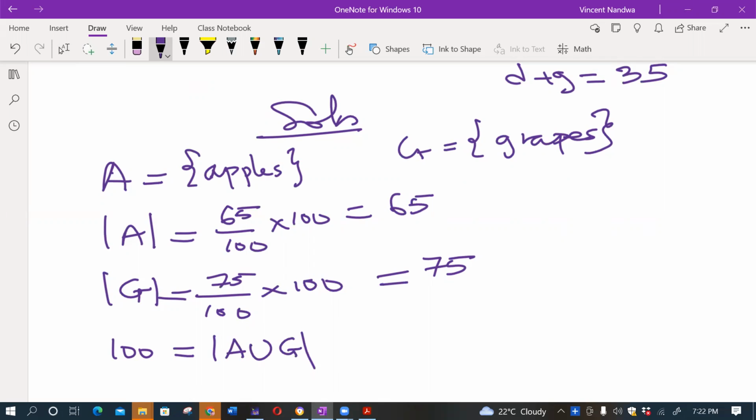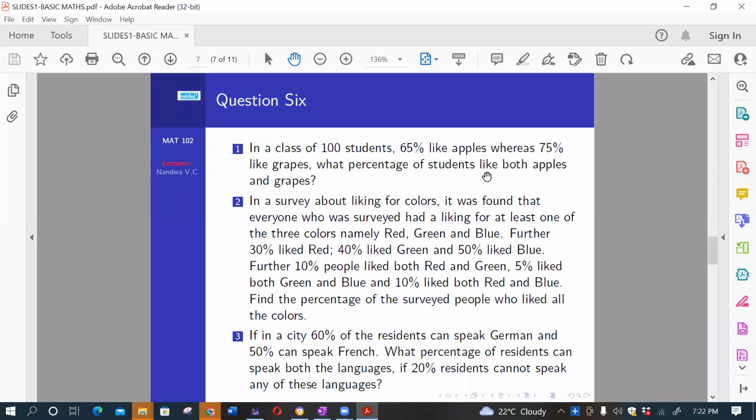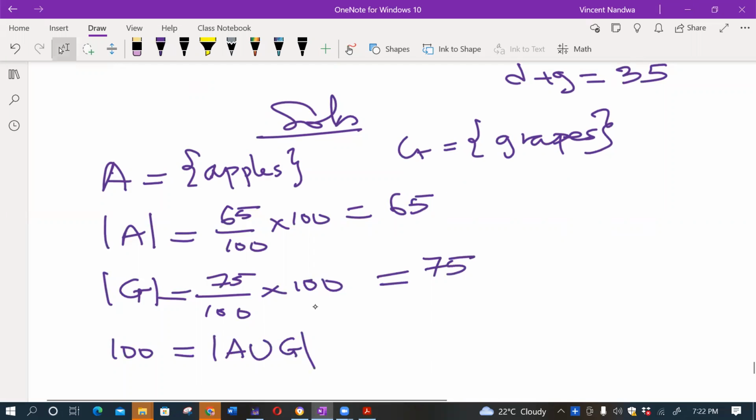And for us to find those who have a liking for both apples and grapes is the same as finding the cardinality of A intersect G. So this is the question.